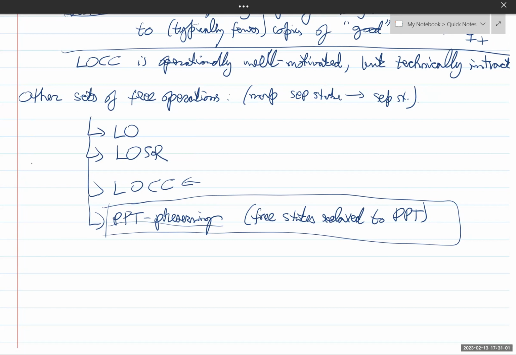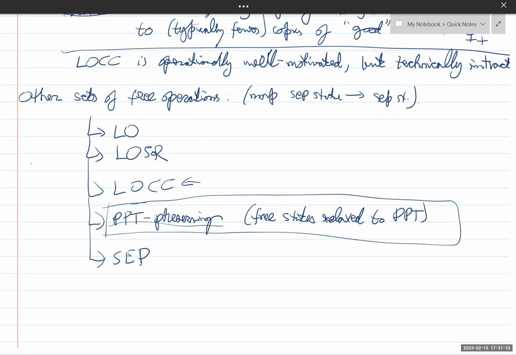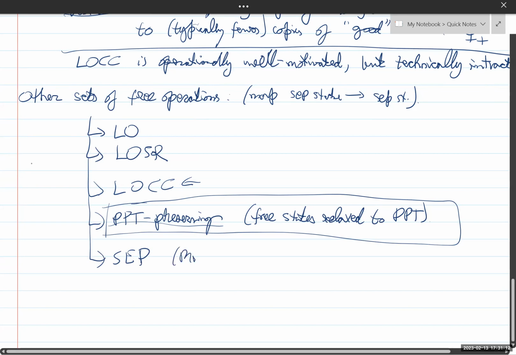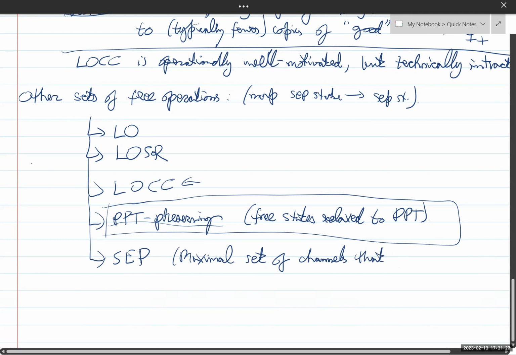Then there's something called the separable operations, which is just defined as the maximal set of channels that map... I'll call it F set to distinguish it from operations.